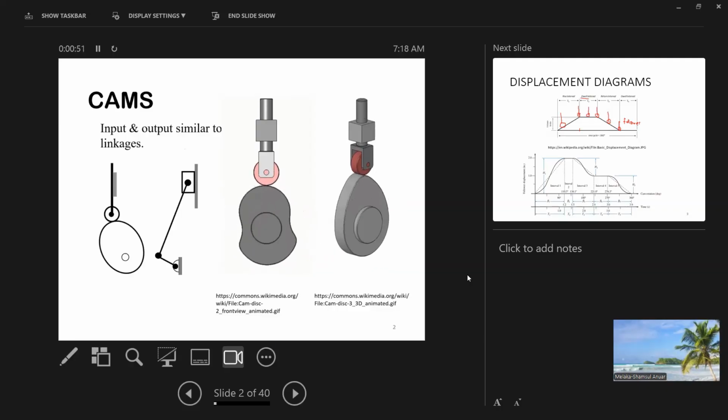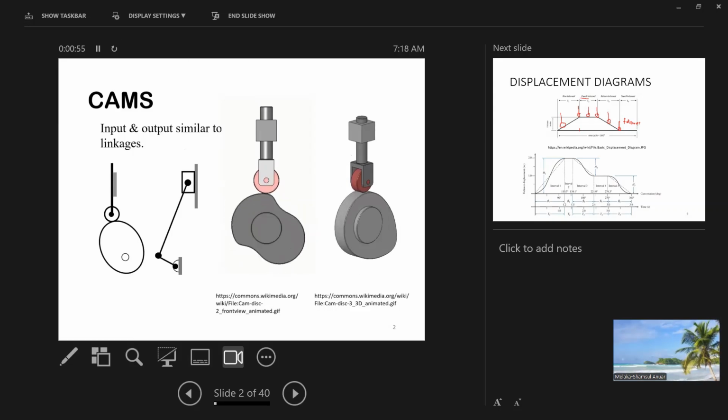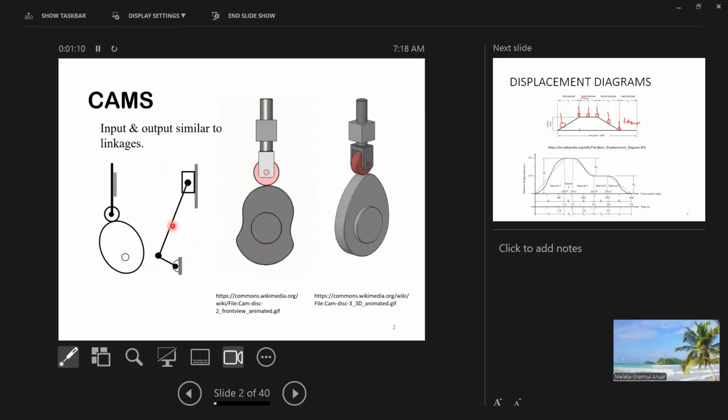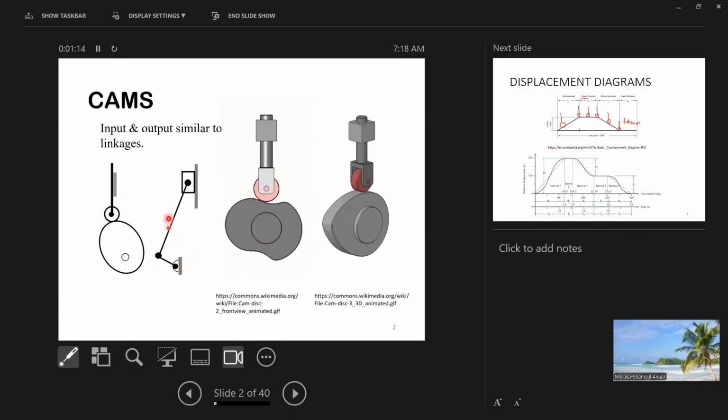On the left here, you can see that the motion of the cam and its follower can also be replicated or replaced by a slider crank.